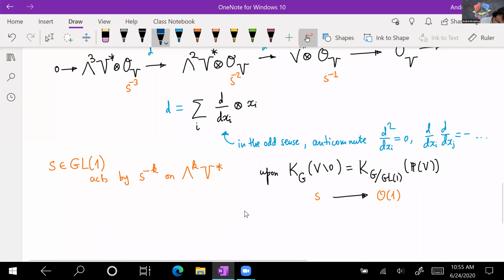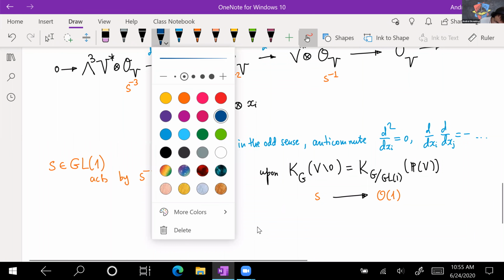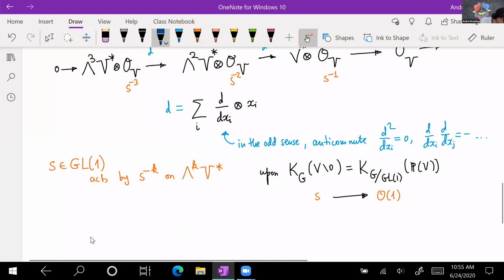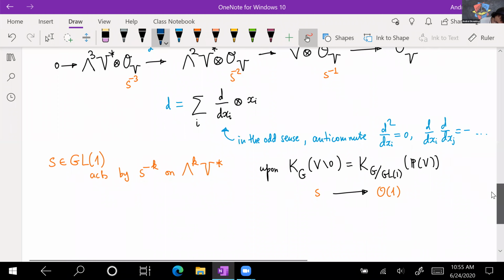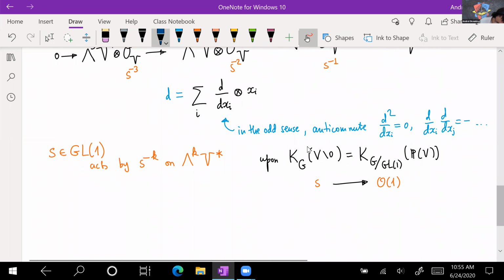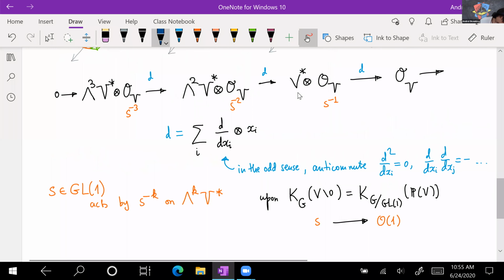So the conclusion is that we computed this. This is a cokernel. So this is the resolution, and this resolution computes this.